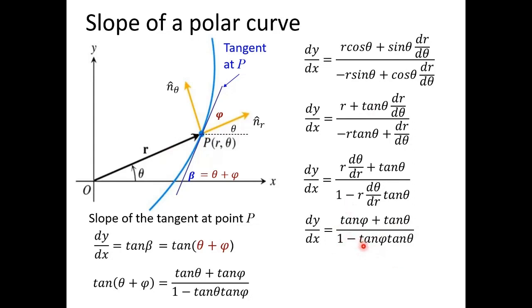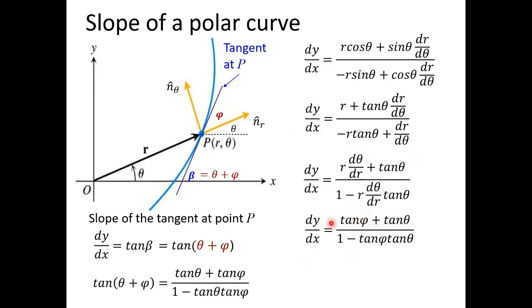And if you compare this relationship with the one that we obtained earlier, instead of tan psi, over here what we have is r d theta over dr. The tan theta remains the same in both equations.